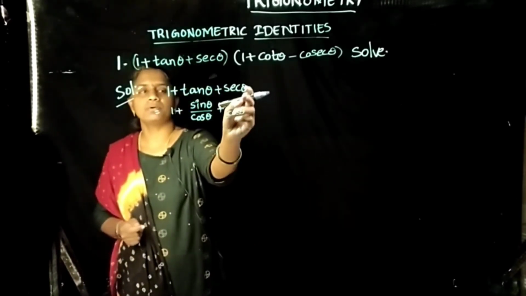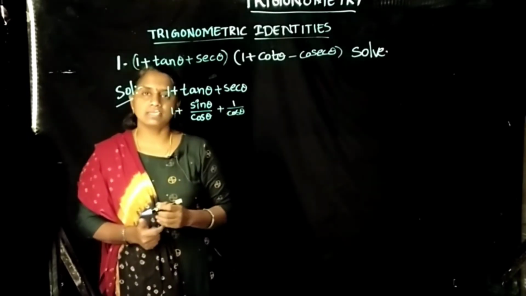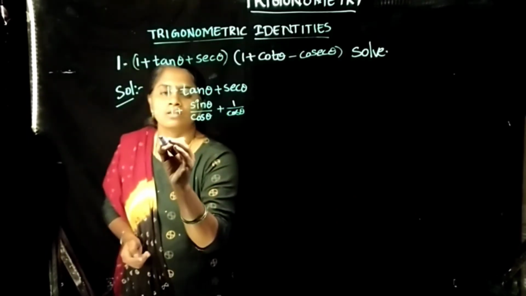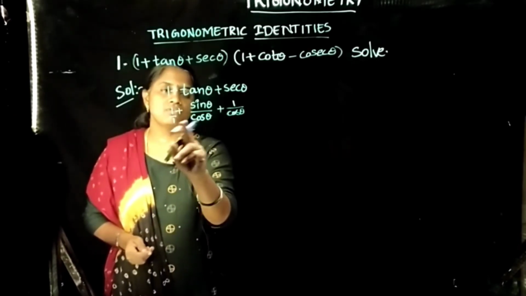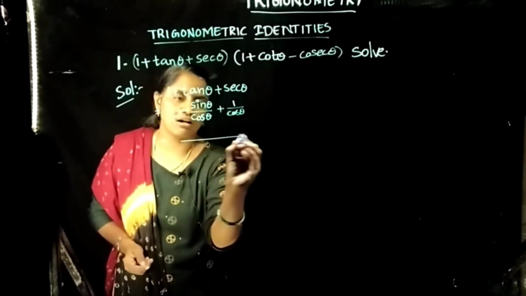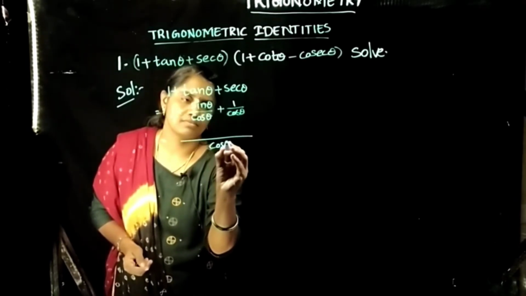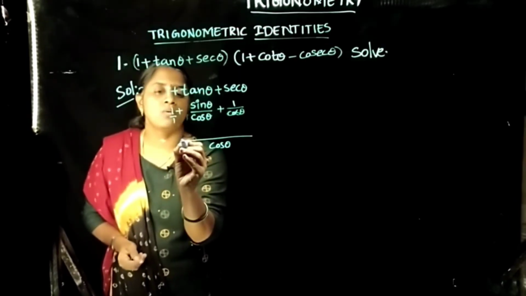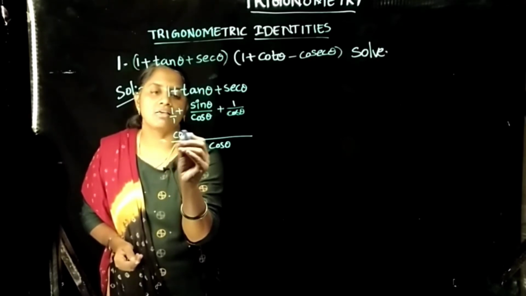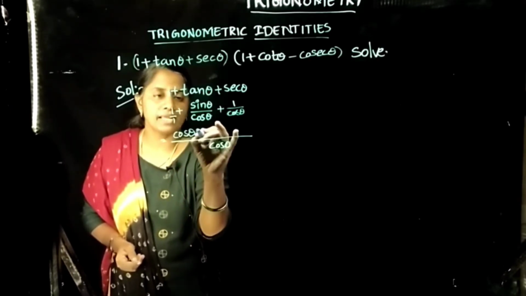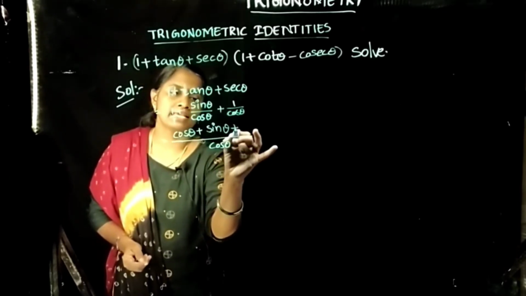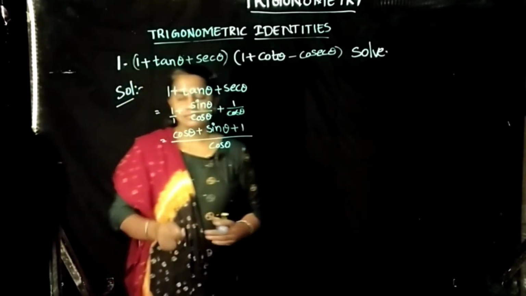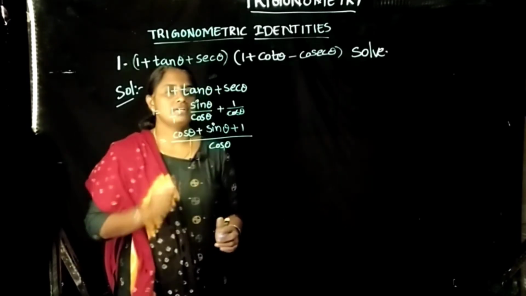So here we are doing the LCM. LCM of 1 and cos is cos theta. Here 1 into cos theta is cos theta plus sin theta plus 1. It is the value of the first term.